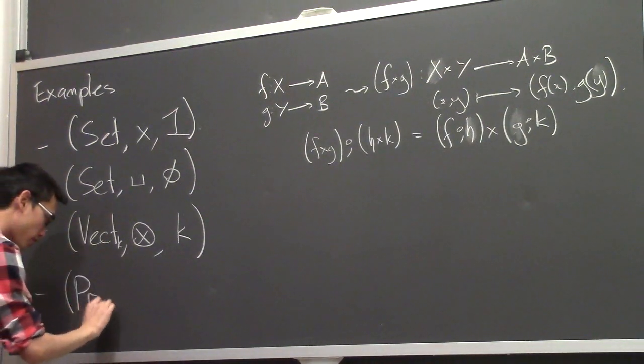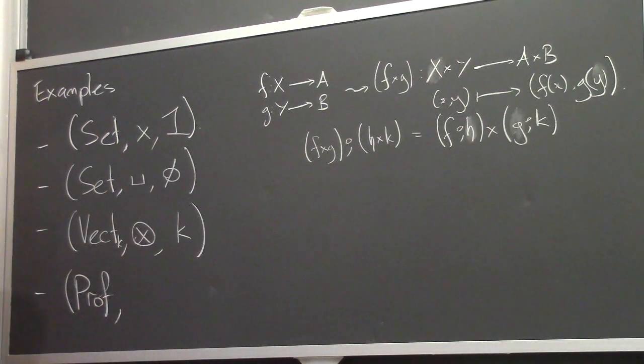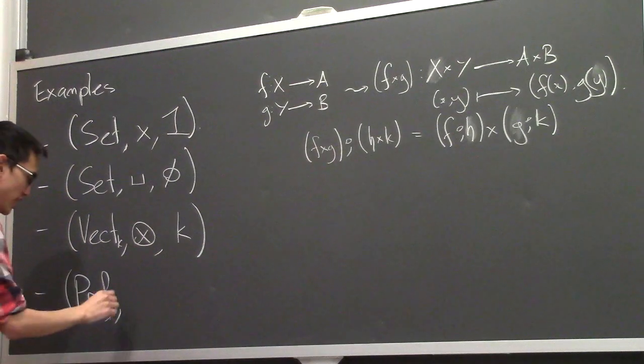And then fourth, an important example, which we're going to discuss for the rest of this lecture, is the category of profunctors. So here, our objects are the V-categories for some, let's just say, symmetric monoidal preorder V. Our morphisms are V-profunctors, which I'll remind you of the definition of in a second.